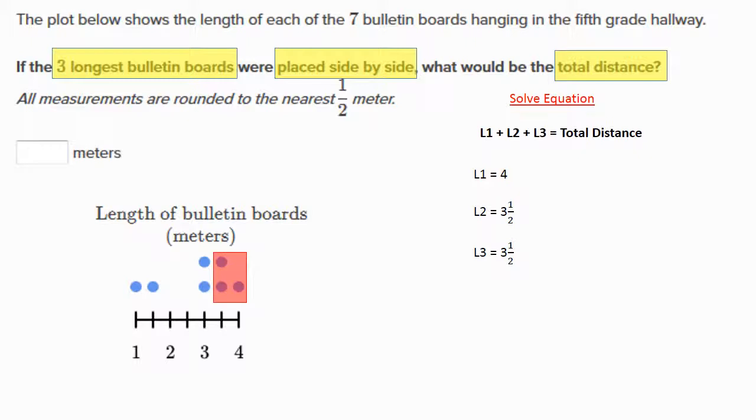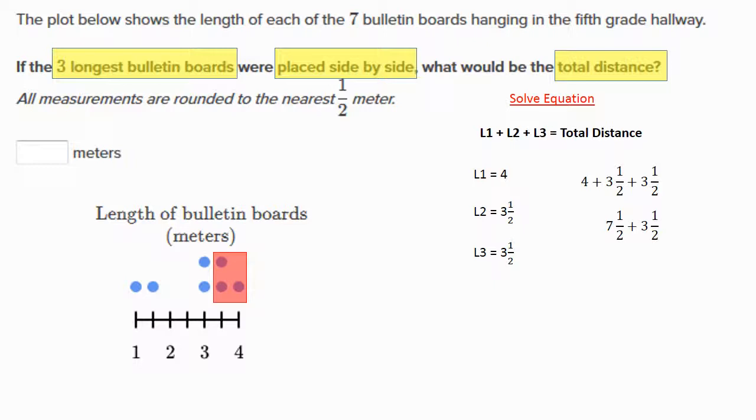Now we can solve the equation. Let's go ahead and input the numerical values. So L1 became 4, L2 became 3.5, and L3 became 3.5. When we add them up, we always want to start adding from left to right.